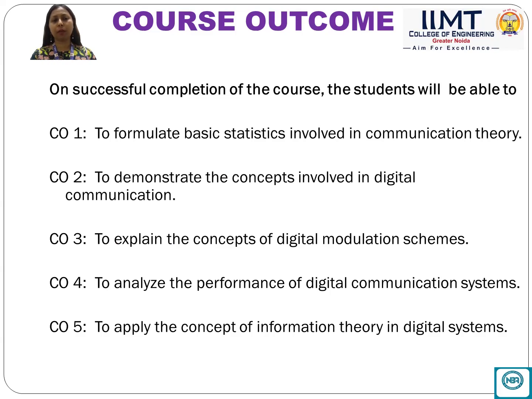The second course outcome is to demonstrate the concepts involved in digital communication. The third outcome is to explain the concept of digital modulation schemes. The fourth outcome is to analyze the performance of digital communication systems. The fifth outcome is to apply the concept of information theory in digital systems.